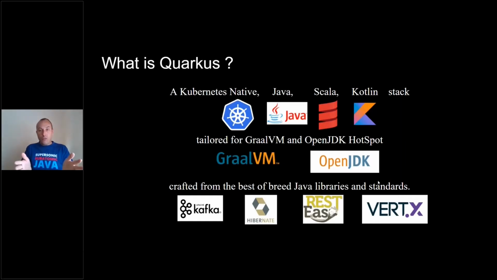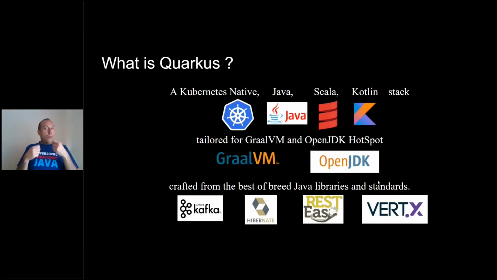So you can run your Quarkus application in JVM mode, or compile it to native and use it on a machine that doesn't have Quarkus installed. And one of the best things I find in the Quarkus approach is that it is not reinventing the wheel.